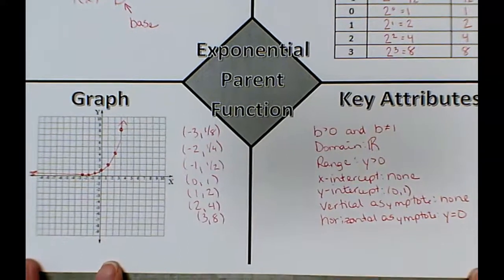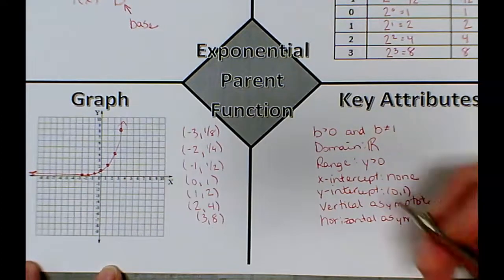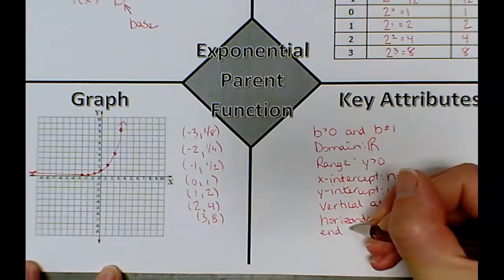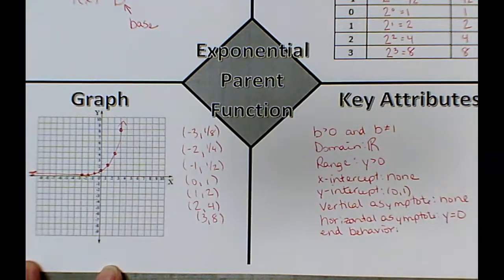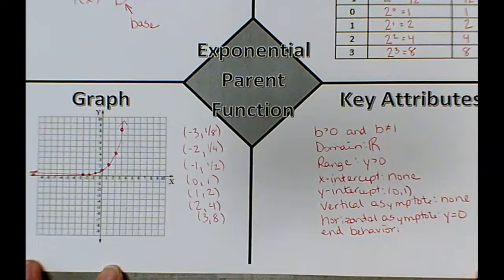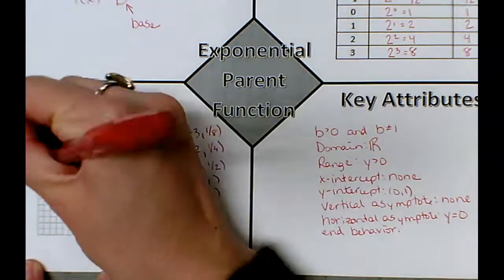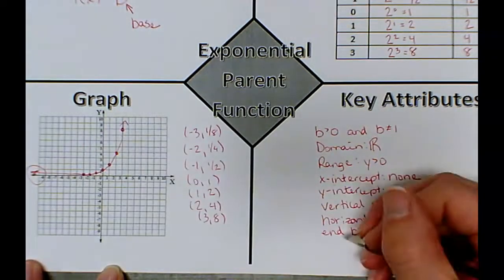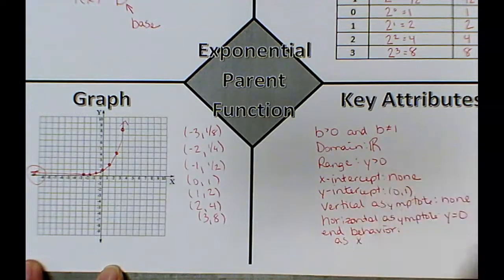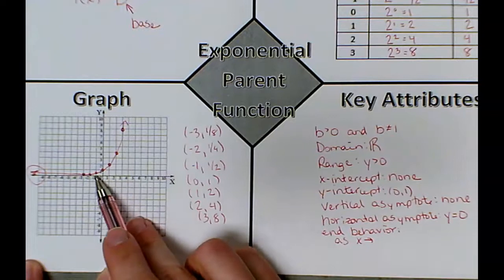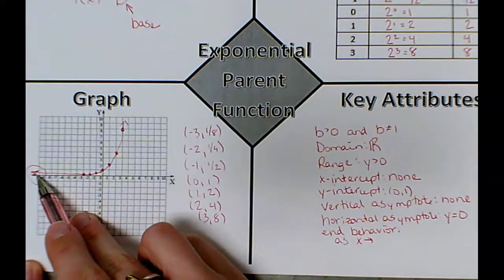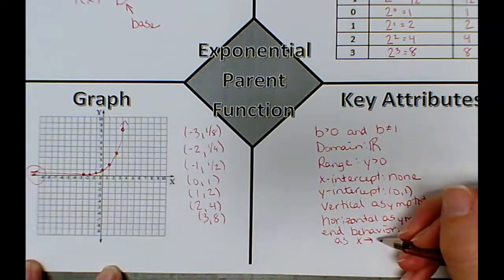And finally, let's discuss the end behavior. So we have two ends of the graph, and we'll discuss this one first. So as x goes to what? If x is moving this direction, then it's approaching negative infinity.